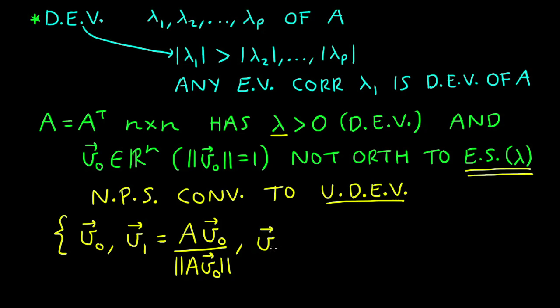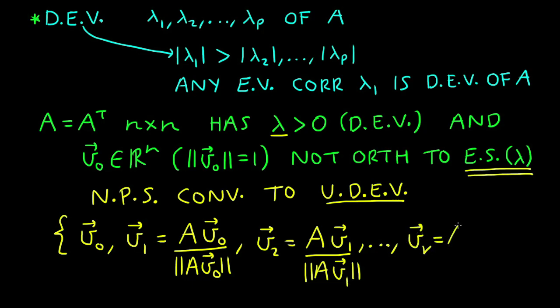Therefore v2 is A times v1, which is also normalized. And this continues on and on. So we have vR is A times the previous vector in our sequence of approximations, and that's normalized. And so on.